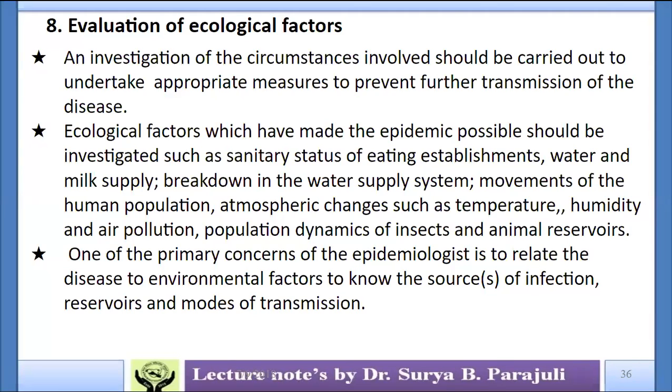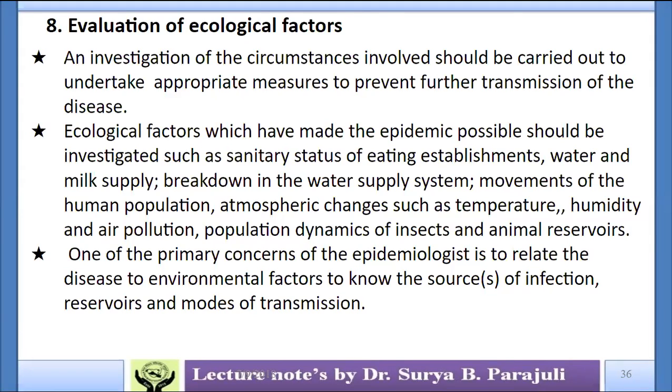Why? So as an expert group, we need to identify ecological factors which are directly or indirectly related to that particular outbreak.